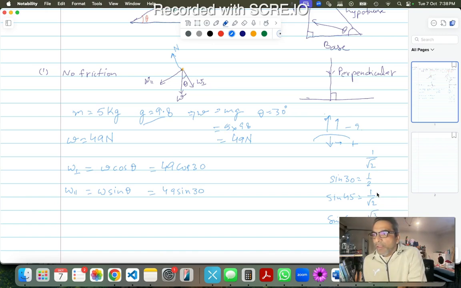In the same way, this will be cos 60, this is cos 45, and this is cos 30. These are the degree values.